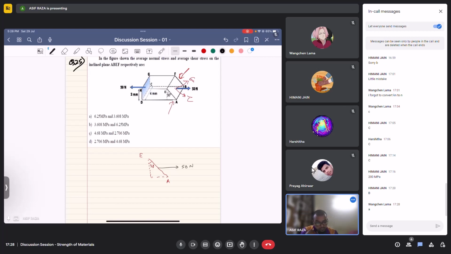We need to find sigma n, that is normal stress acting on this plane, and tau, average shear acting on this plane. Hong Chen gave answer as option A to this question. Okay, let's work it out and see whether you are correct or wrong.